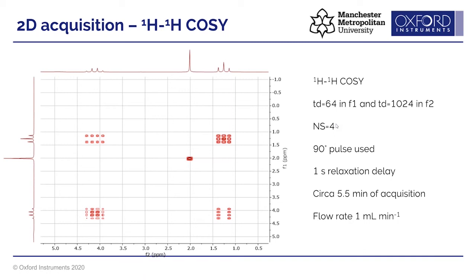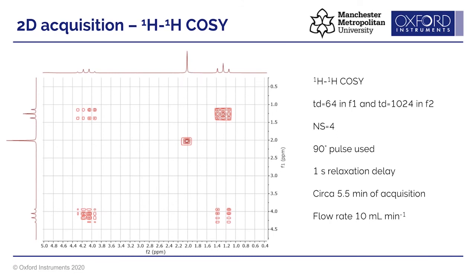So again, we have a flow rate of 1 ml per minute, and I wanted to see next, if I increase the flow rate, how the quality of this proton-proton COSY spectrum would be affected. That is shown on this slide here. We can see we've lost some resolution in the peaks, but we can still see the expected 2 cross peaks, one either side of the diagonal, and we can see the 3 points of the diagonal line as well.